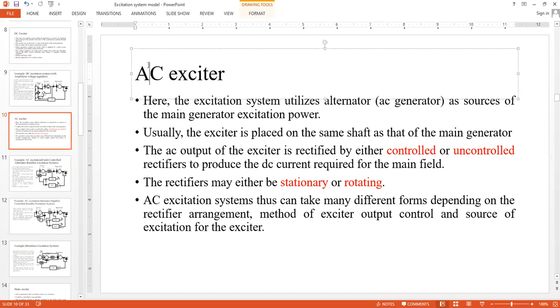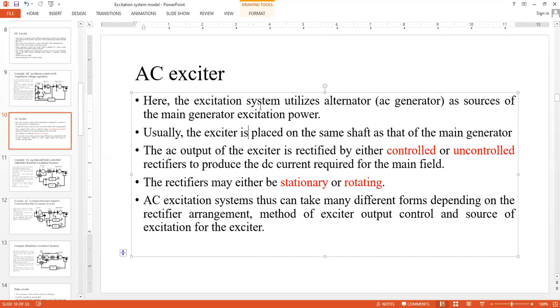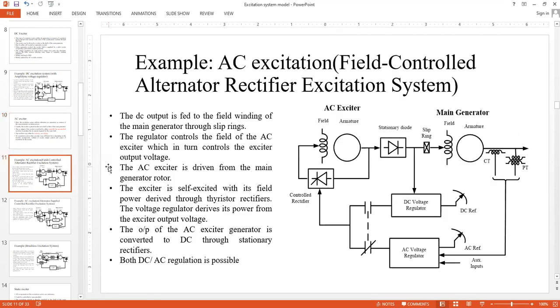So once we generate AC from the exciter, we have to take help of the rectification process. The rectification could be controlled or uncontrolled, and the rectifiers could be stationary or even rotating. Based on that, there could be different variants, and we took three examples.